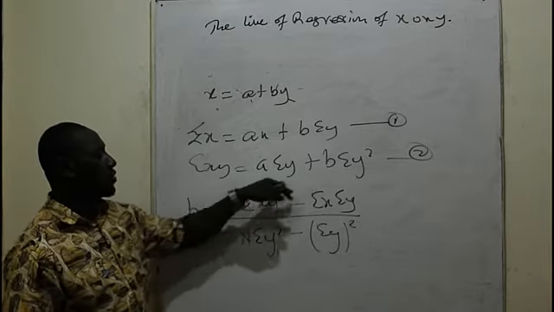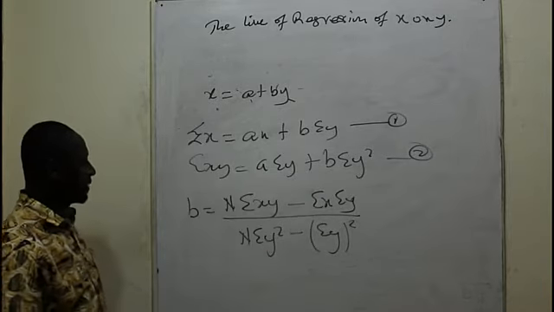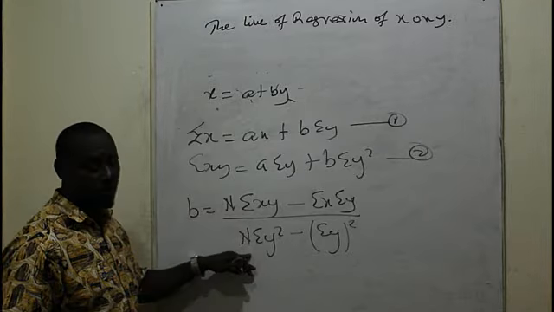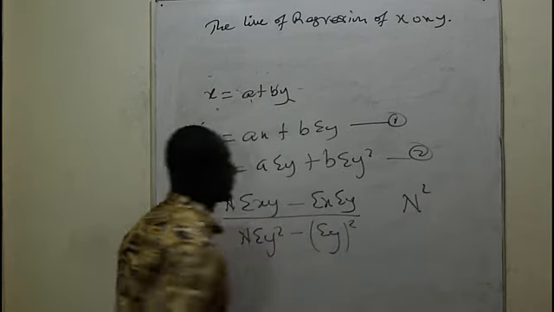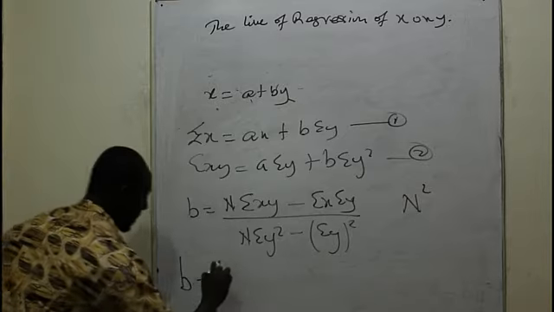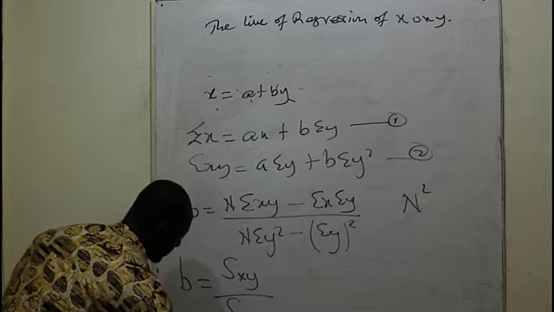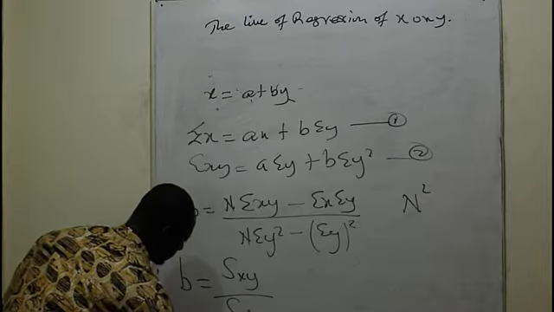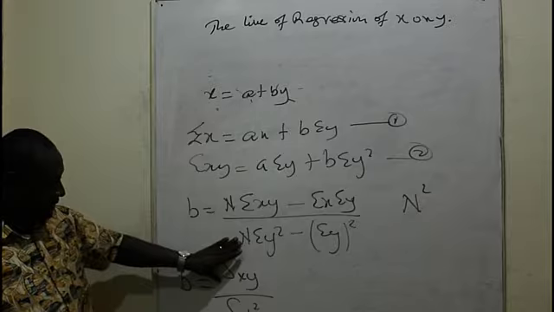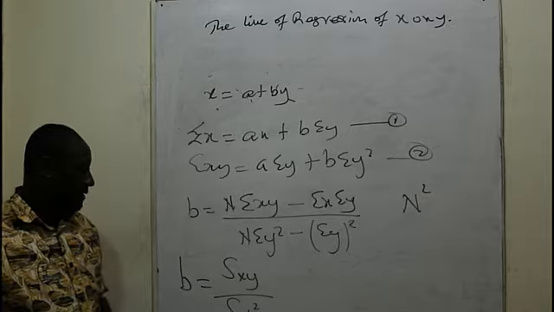If you solve for b from these two, this is going to be the nature of the b. And if you divide through the numerator and the denominator of this equation by n squared, then eventually you are going to get b to be equal to the covariance of x and y over the variance of y. And so that is it.